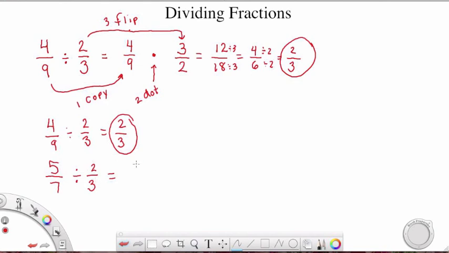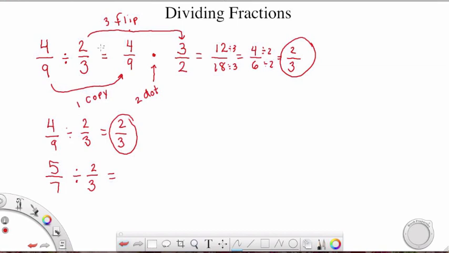You're going to have a pretty ugly looking fraction. It's going to be very complicated. When you have a problem like the first one up here, 4/9 divided by 2/3, it just worked out perfectly that you could divide straight through, because 2 is a factor of 4 and 3 is a factor of 9. But as we can see down here, we're not having that. All these are primes. So let's do our copy dot flip strategy.